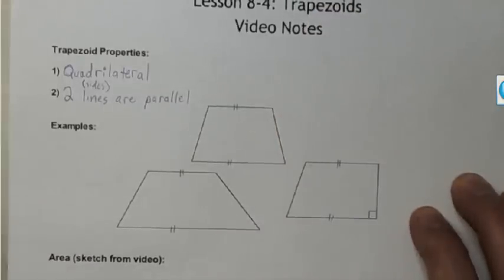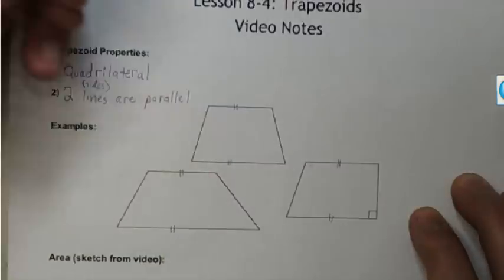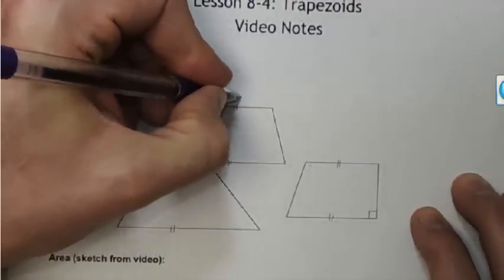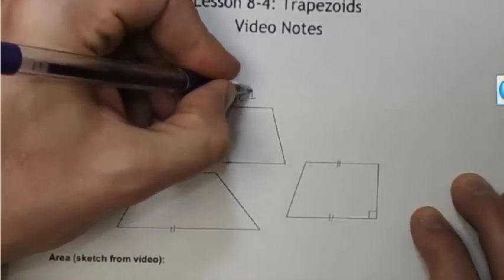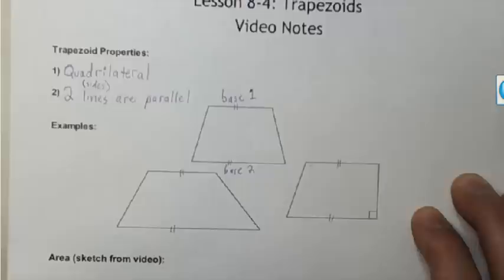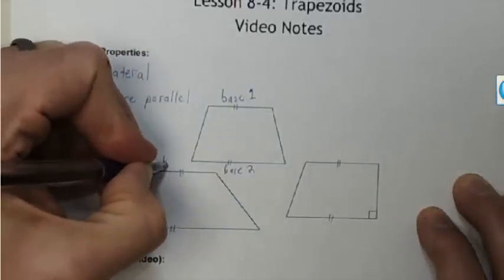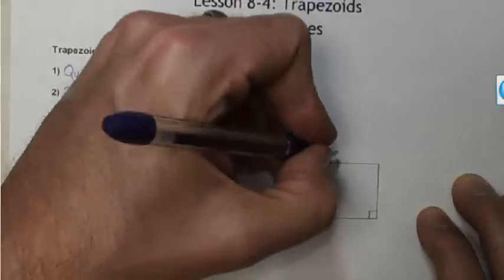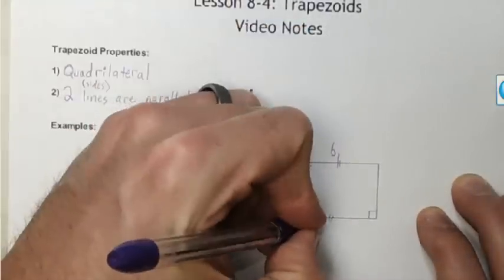Okay, so let's talk about how we're going to name these. We're going to name the parallel lines base 1 and base 2. Okay, so for abbreviation, we could put B1 and B2.